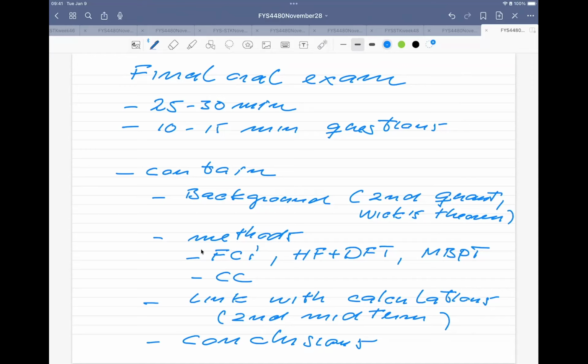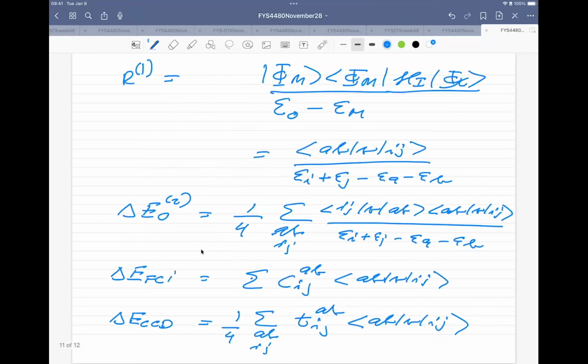Then clearly, the differences between many-body perturbation theory, FCI, and coupled cluster theory are different ways of finding the amplitudes, which you would get by exact diagonalization if you can diagonalize. And then you have approximations. This is also a conceptual question: what are the differences? This is also something you can have in the slides.